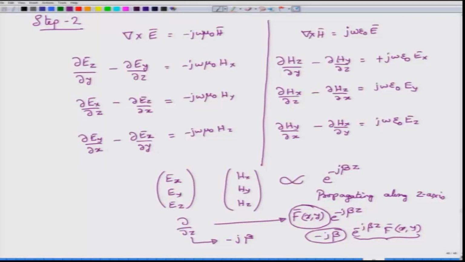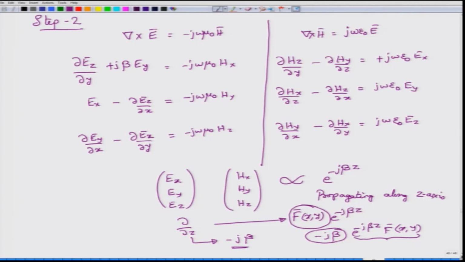Now, I am going to put in all these equations that we have written this minus j beta. For example, I have a minus del by del z in the first equation. I am going to substitute it with minus j beta, so that the first part can be rewritten as plus j beta. The reason is plus j beta is because there is a minus sign out there. Similarly, I will make all the other substitutions. I request you to also do these substitutions in your notes, so that you are able to follow what we have been writing over here.